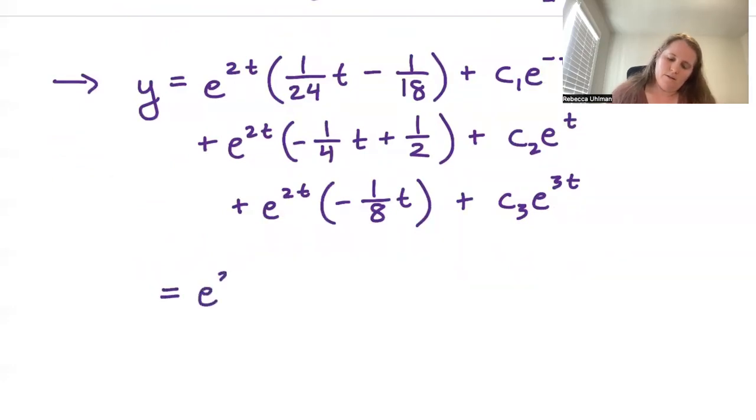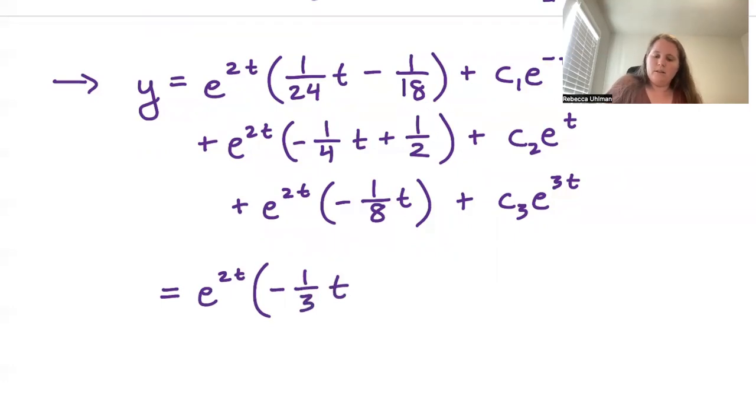This is e to the 2t times 1/24 minus 1/4 minus 1/8. That's 1/24 minus 6/24 is negative 5/24. Minus 3/24 would be negative 8/24. And we get negative 1/3 t.